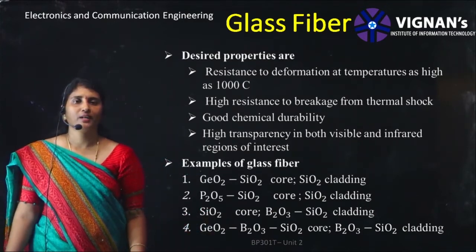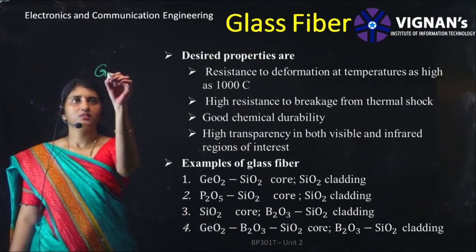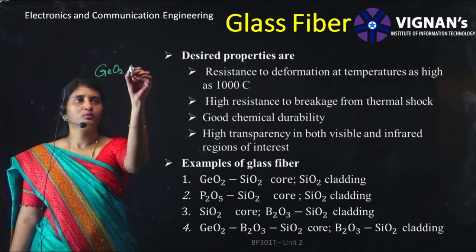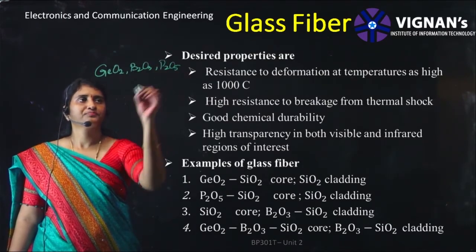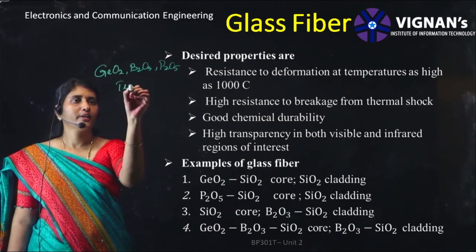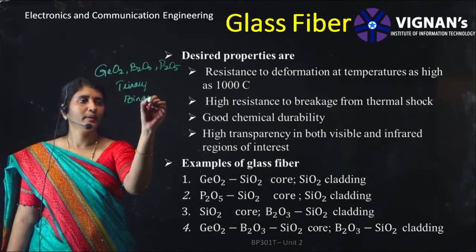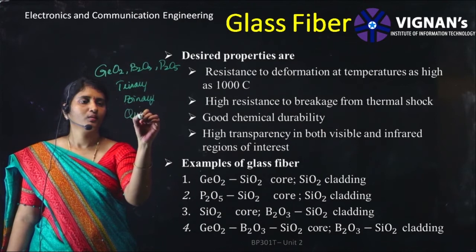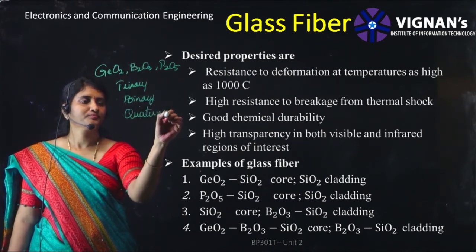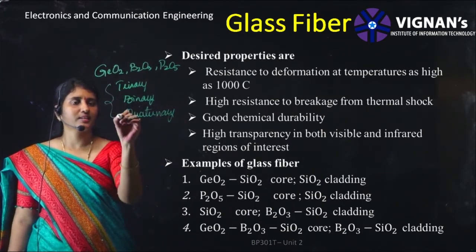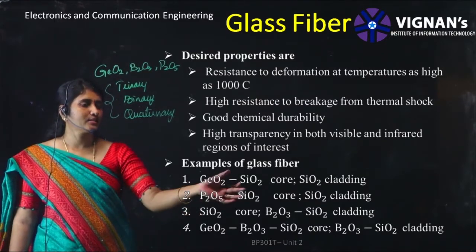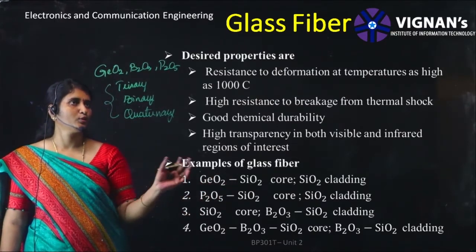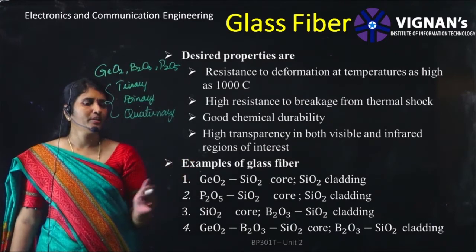Generally, while we are forming new structures with GeO2, B2O3, P2O5, we can form ternary, binary or quaternary combinations. We call them three types: ternary, binary and quaternary. Here you can see certain examples of the combinations of GeO2, P2O5 and B2O3.